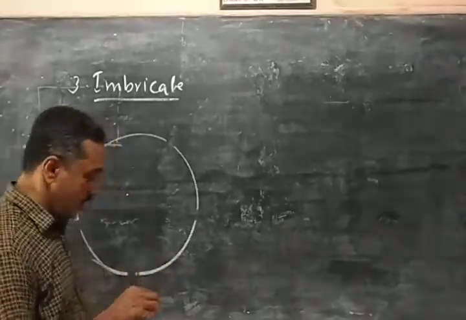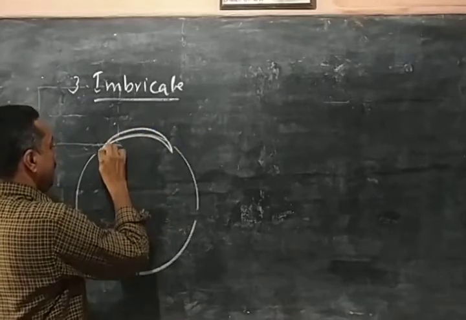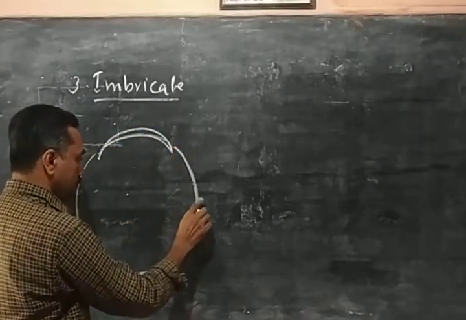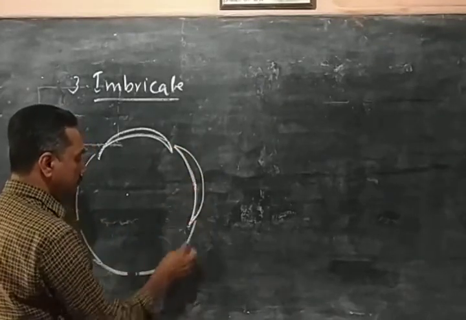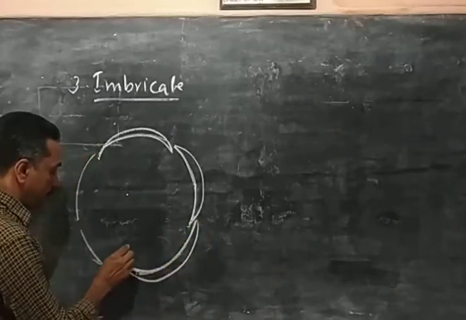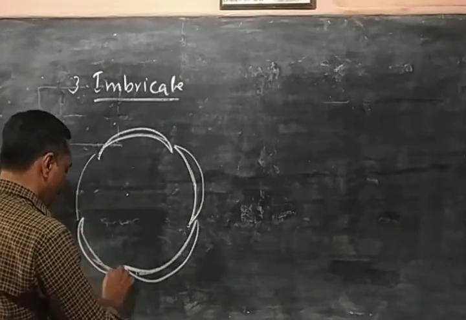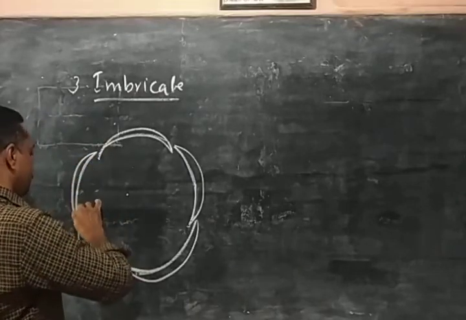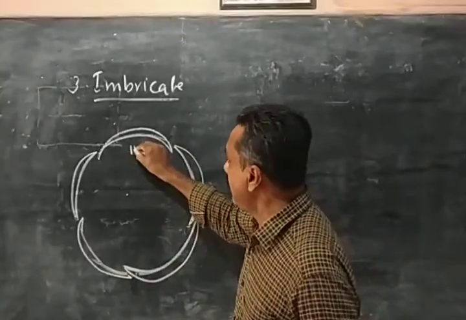In imbricate aestivation, one petal is completely inner, both sides are inner. Others are in and out. This is in and out. This is in and out. The other is in and out. This is completely outer. You can see that this is completely inner.